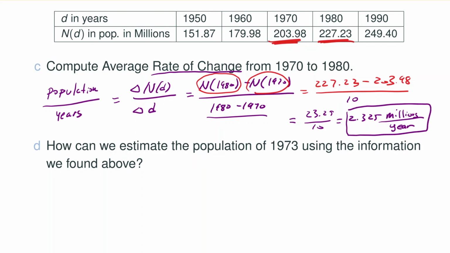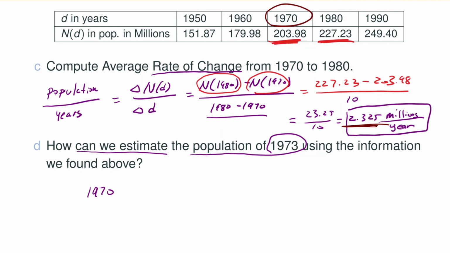How can we use this to estimate the population of 1973 using the information above? We start at 1970, and from 1970 the population on average increased 2.325 million each year.